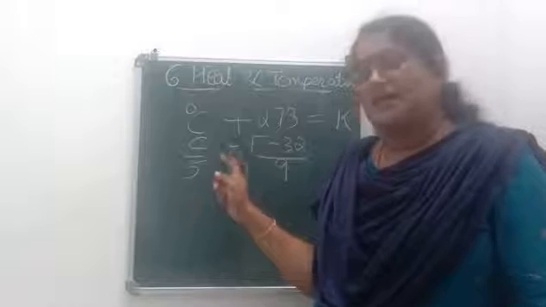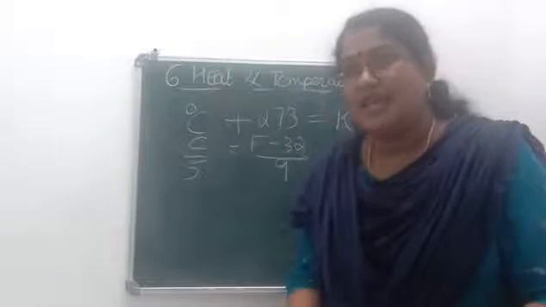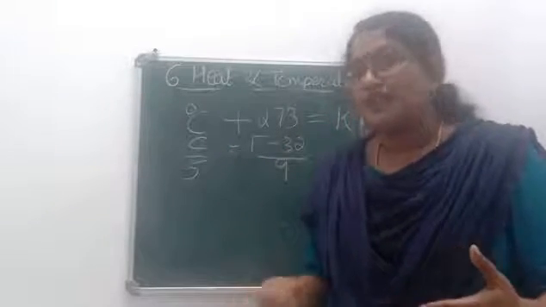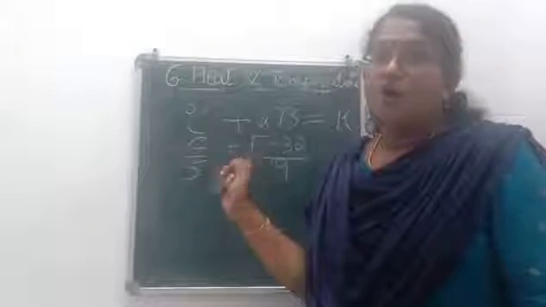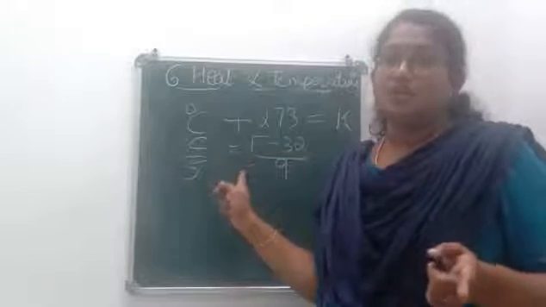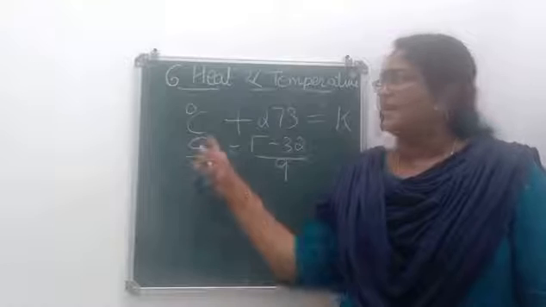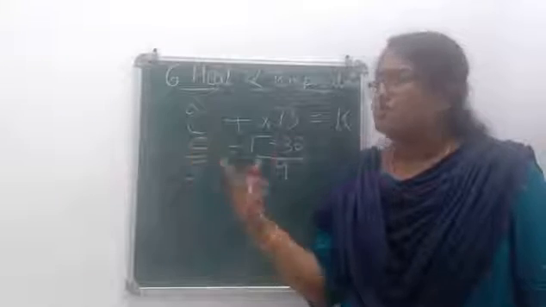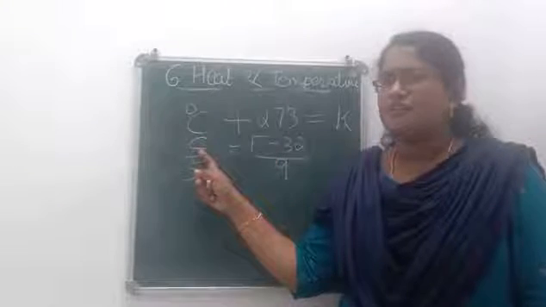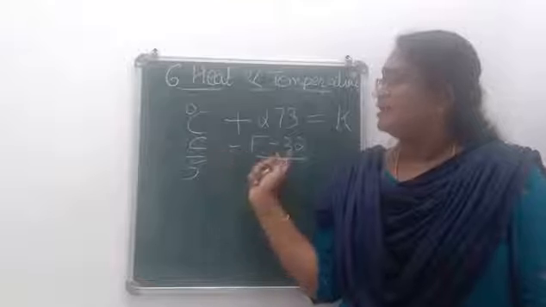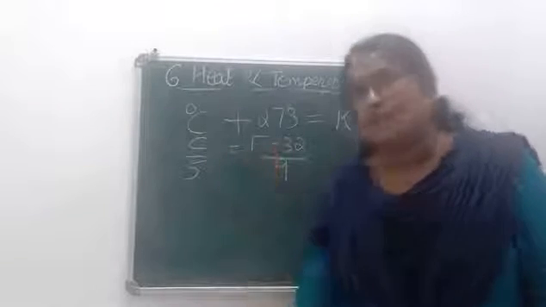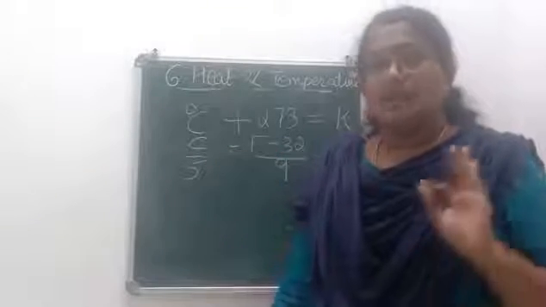So if you are given a value in Celsius scale and asked to calculate it in Fahrenheit scale, or the reverse, you have to use this equation. If it is given as 5 degrees Celsius and you should know how much it is in Fahrenheit scale, just write 5 by 5 is equal to F minus 32 by 9 and solve for F. So this is what we have to do.